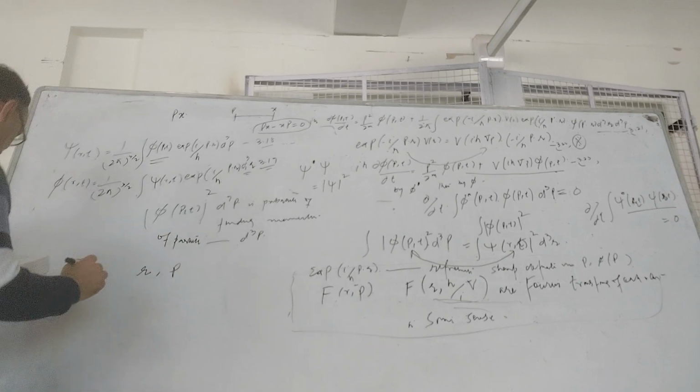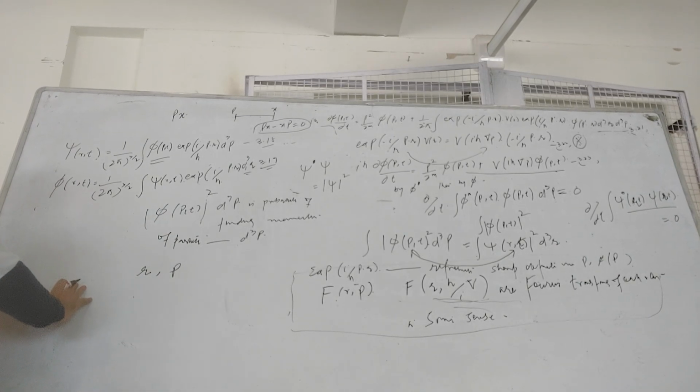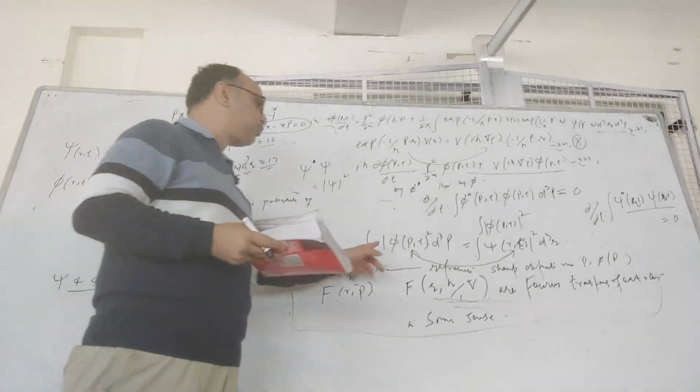So it means that psi and phi अगर हमारे पास जो है they are correlated. So psi and phi are related by some Fourier transform.